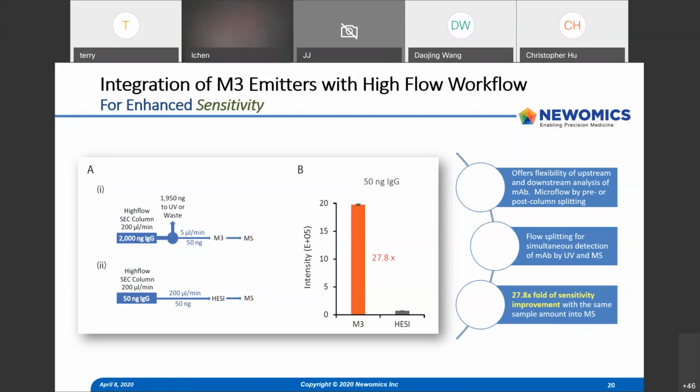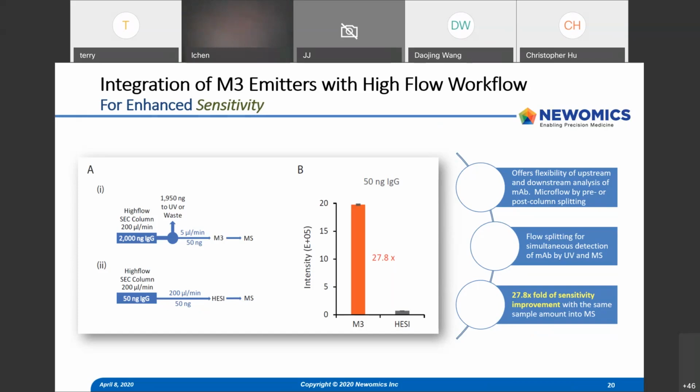In parallel, we did a comparison with exactly the same amount of injection using a high flow column into the mass spec. We saw a 30 times increase in sensitivity. Again, this is considering the amount injected into mass spec, not the beginning amount.